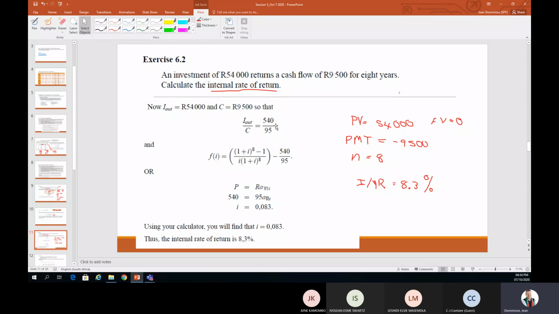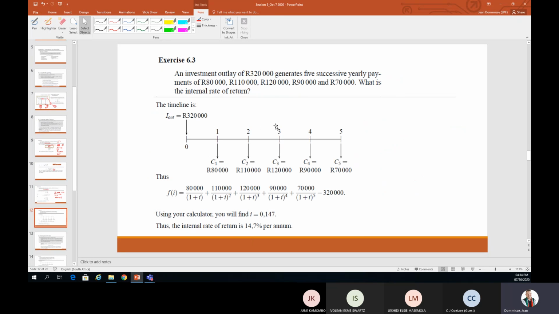So what is the next thing that they can ask you? You're making an investment, and you're getting a number of payments out of that. And with this one, the payments differ.